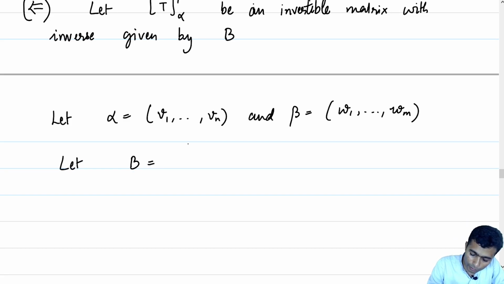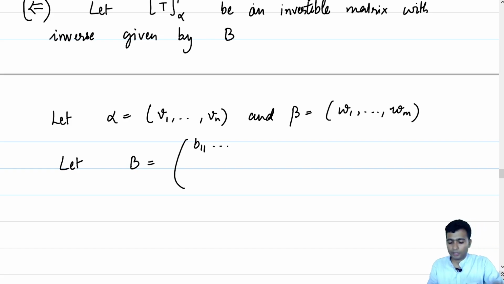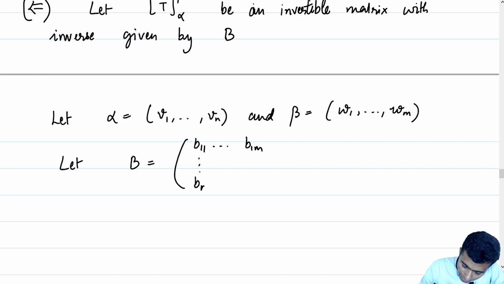So let B be equal to something like B11. So what is B? B is the inverse of the matrix associated to T, which is going to be an M cross N matrix. So this is going to be an N cross M matrix. This is going to be B1, up to Bnm.